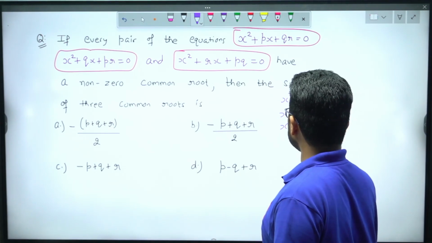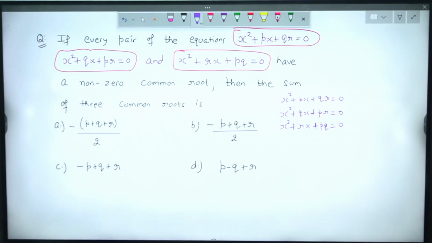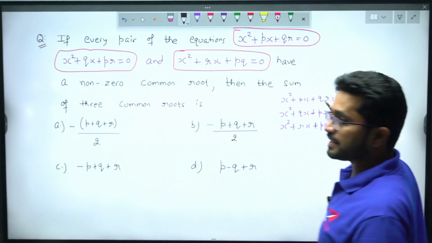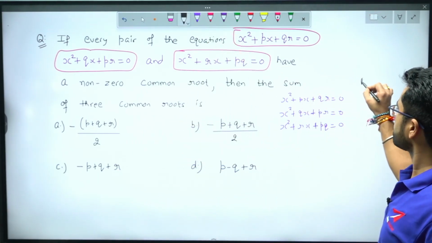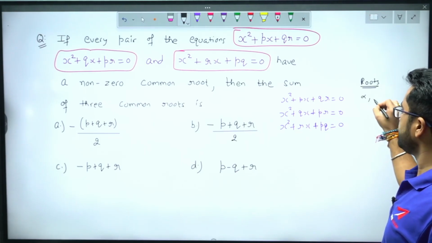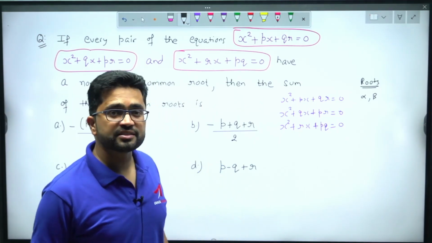Please read the demand of the question. What is the data? It simply says the three equations have a non-zero common root pairwise. Let's say the first equation is having roots alpha and beta. Now let me make the common root between the first and second as beta.